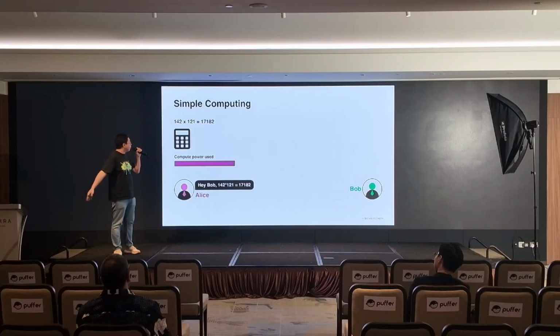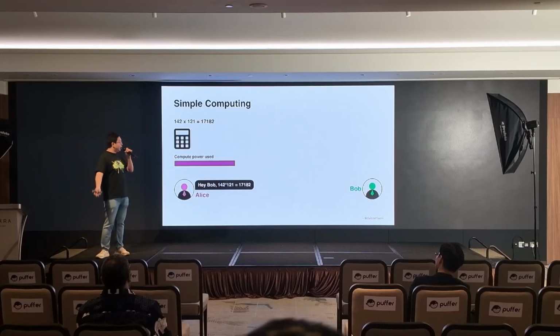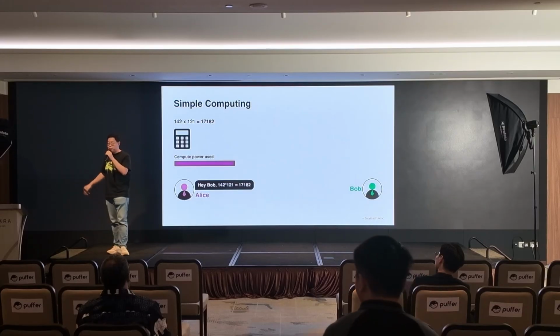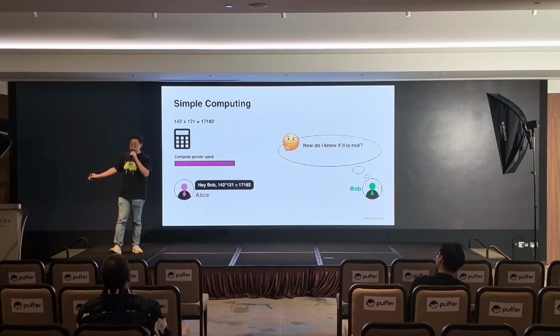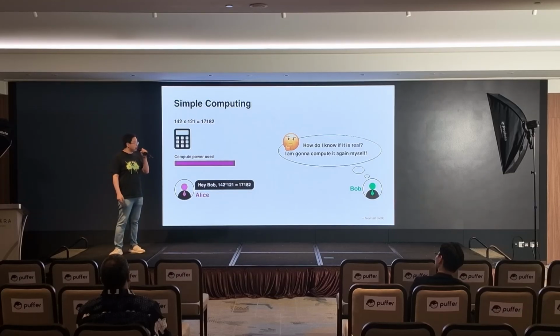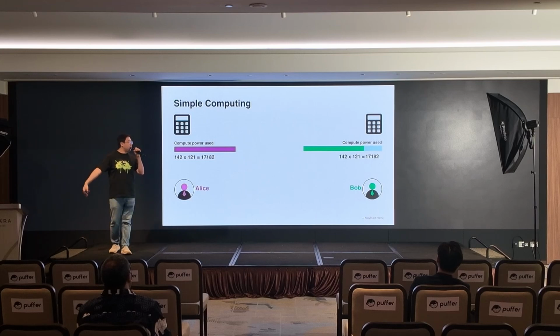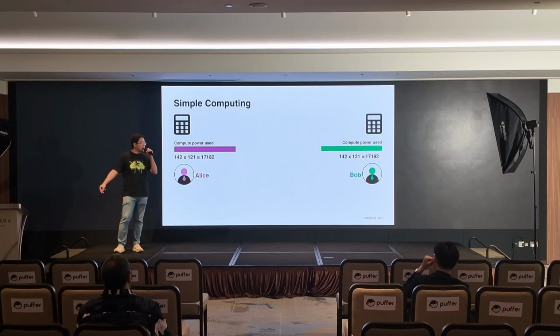She spends some time doing this and gets the result. The next thing she needs to do is convince Bob that this is actually the result of the computation. Before Brevis, the only way Bob can do this is to redo the computation again. So Bob spends the same amount of computation power and gets the same result.